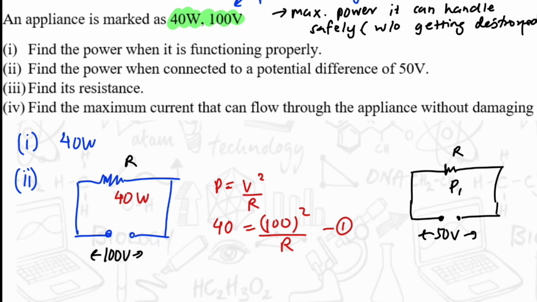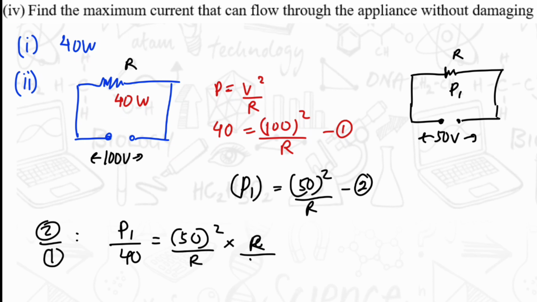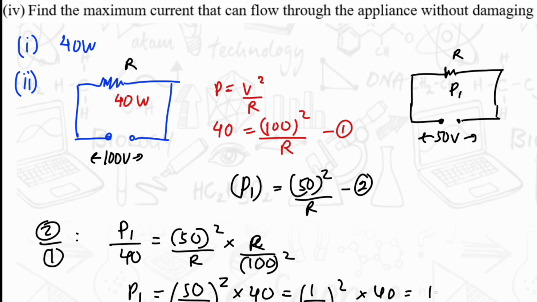For this, if we write the same equation, P, let's say it is P1, and V will be 50 squared and we have R. So if we divide 2 by 1, we get P1 over 40 is equal to 50 squared over R times R over 100 squared. And P1 will be 50 over 100 whole thing squared times 40. That is 1 over 2 squared times 40, that is 10 watts.